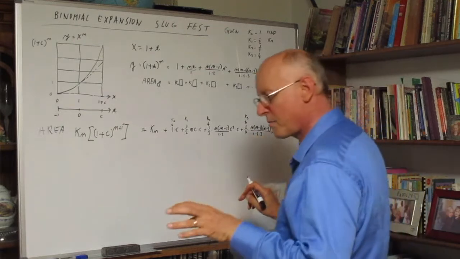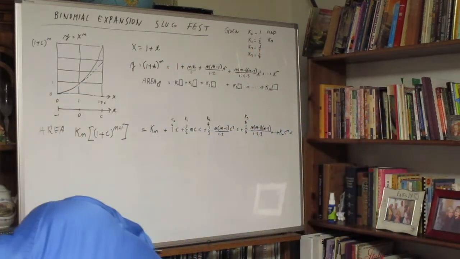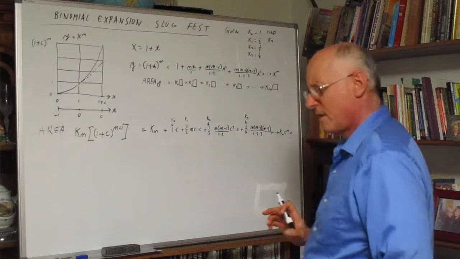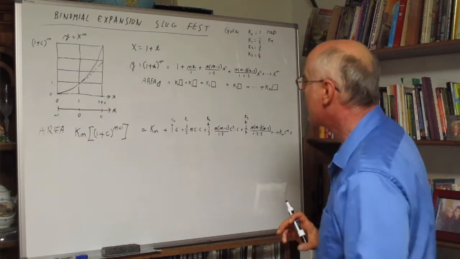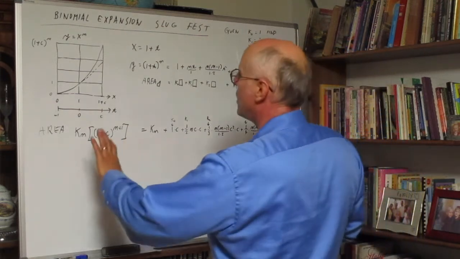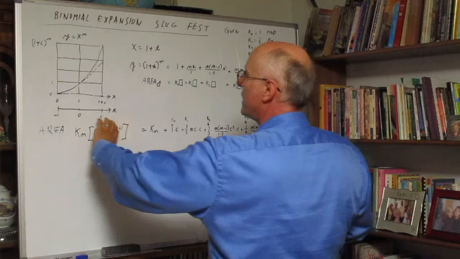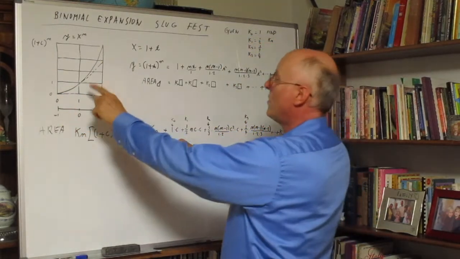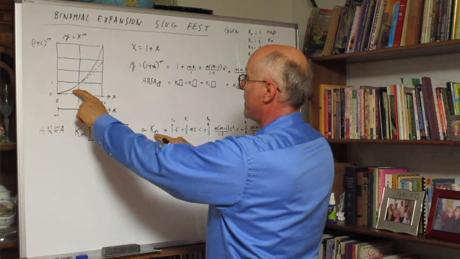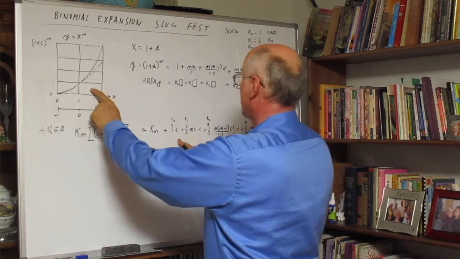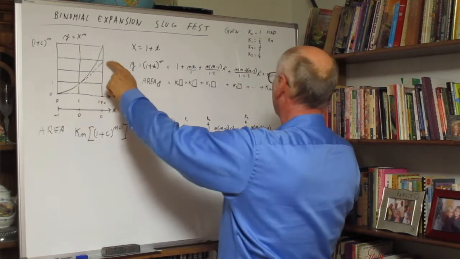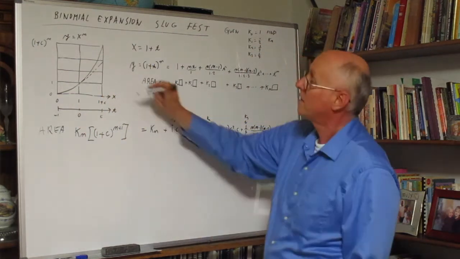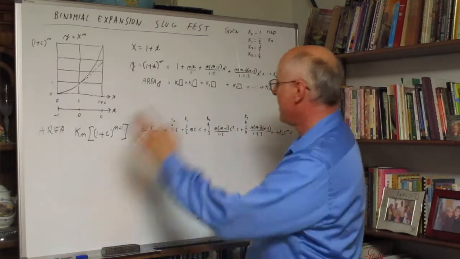Okay, I gotta check my notes because, oh boy, it's easy to make a mistake. I think it's right. Okay. So here we have it. From the x perspective, the big wedge is equal to, don't forget this little guy, k sub n, and then we got these like that, these little subfunctions.